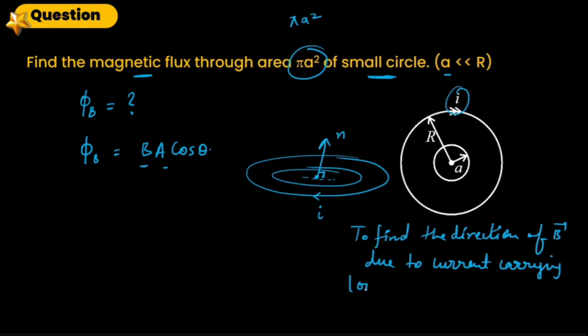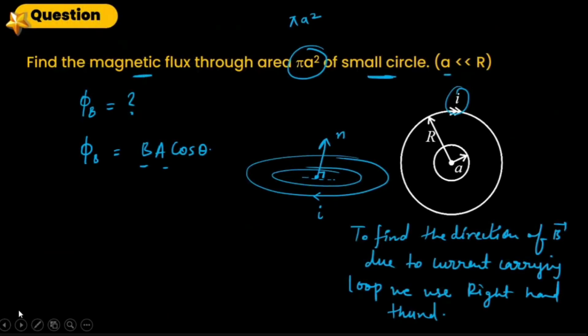What does that rule say? It says to curl the fingers of your right hand in the direction of current, and the thumb will give us the direction of the field.